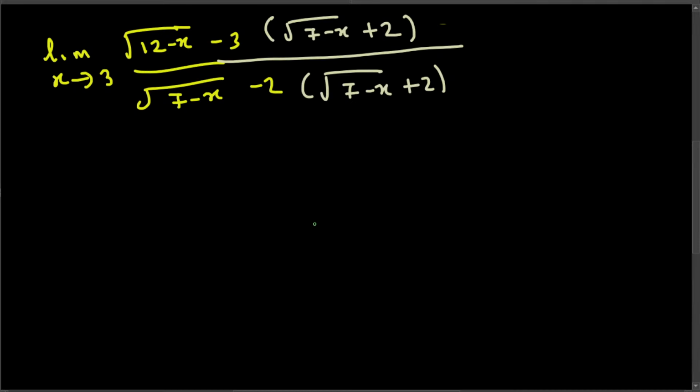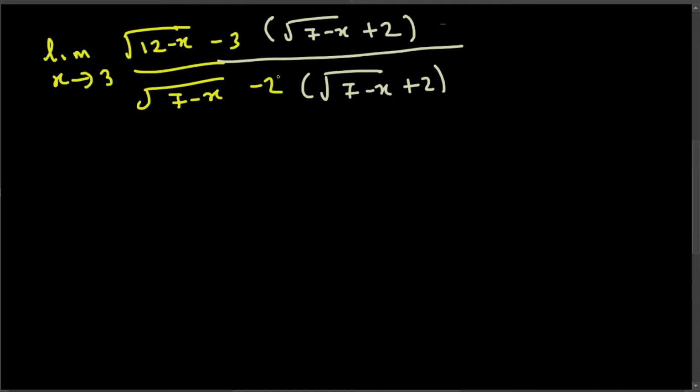Okay, now let's go ahead and FOIL this one. Since I took the conjugate of the denominator, FOIL this one and keep the numerator as it is.